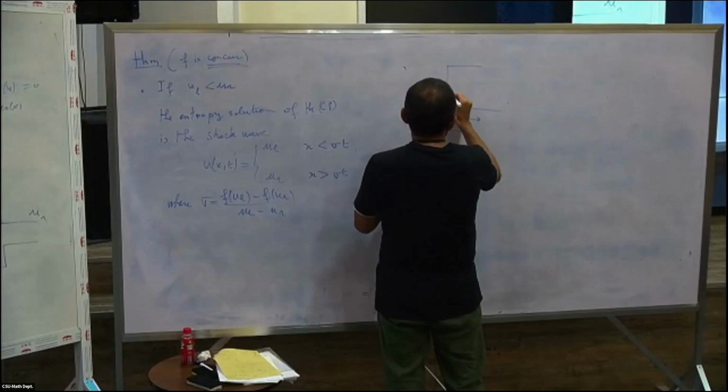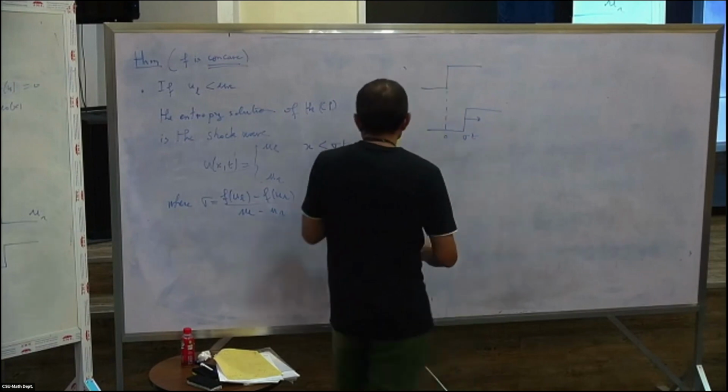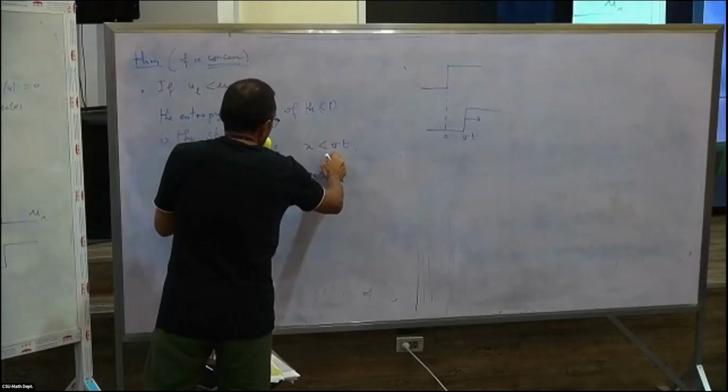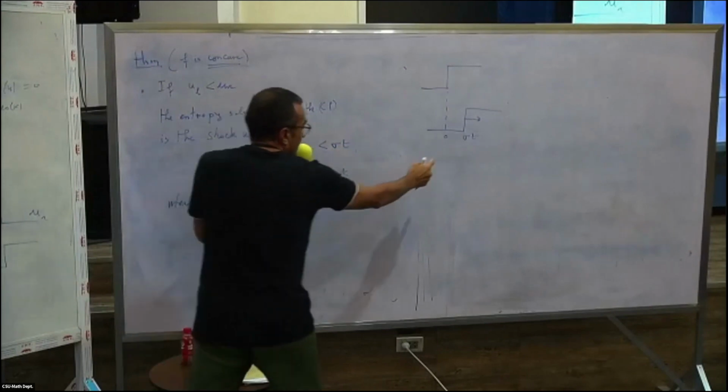This is 0, this is sigma t at time t. First it was 0, now it's at time t. The discontinuity is exactly at this position.